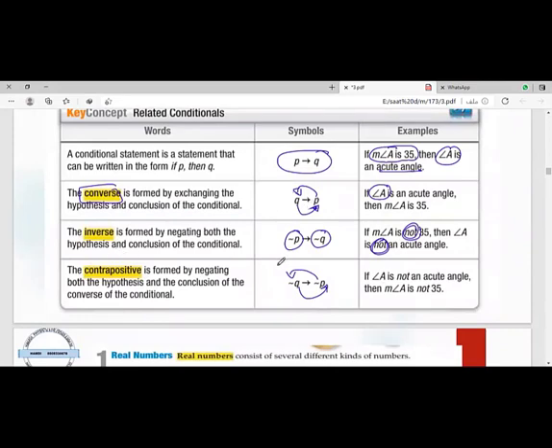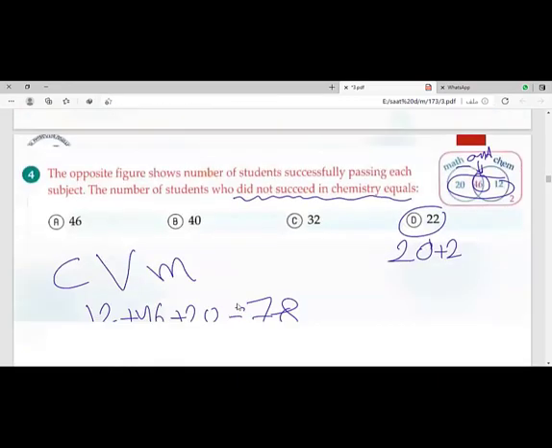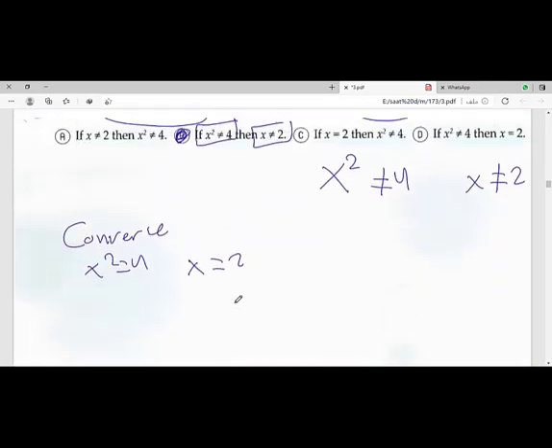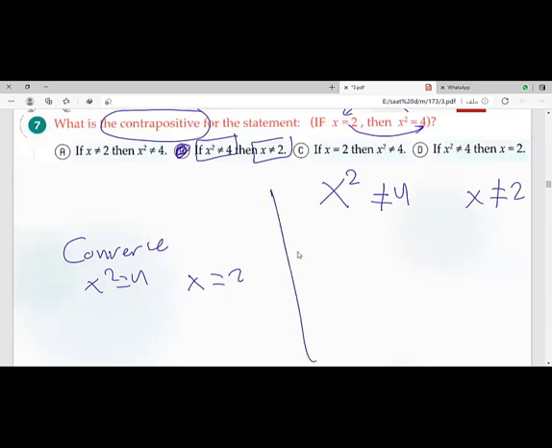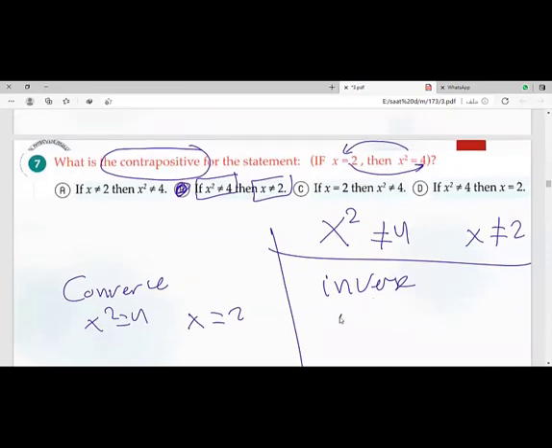In the inverse, we just make negation. In the contrapositive, we make negation and replace. Now we make the inverse here. For the inverse, just make negation, so, where is the original one? x equals 2, then x squared equals 4, the inverse is x not equal 2 then x squared not equal 4. I think now it's clear about converse, contrapositive, and inverse.